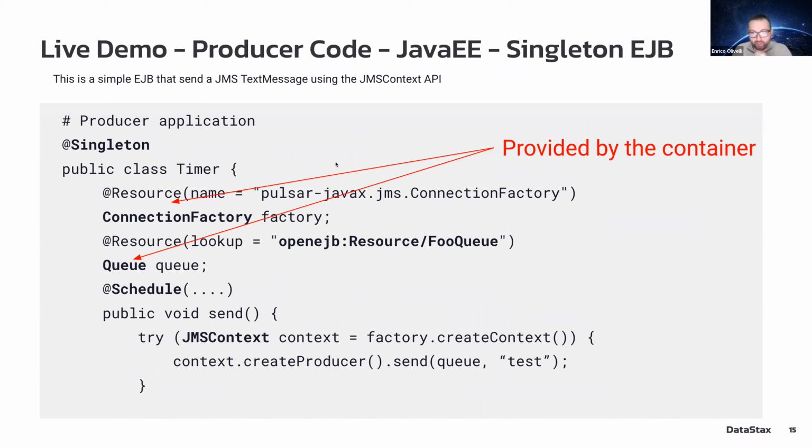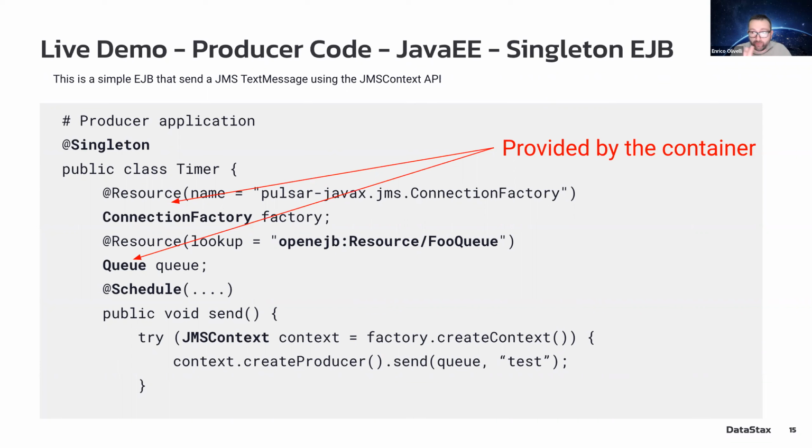If we go to Java Enterprise, and we will see the example later, we have one producer application that is a singleton enterprise Java bean with a timer. So every 5 seconds, it will write a message. The example is interesting because in a Java Enterprise application, it is the container that provides the connection factory and the destination objects.